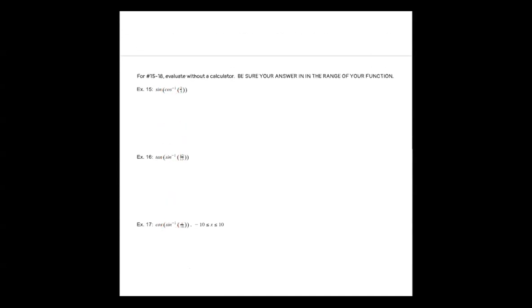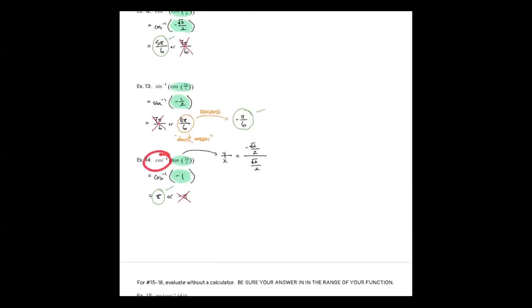Can someone tell me how these are different from the previous questions we've looked at? All right, so I see that the inverse functions are now on the inside. Well, where were they before? They were on the outside.